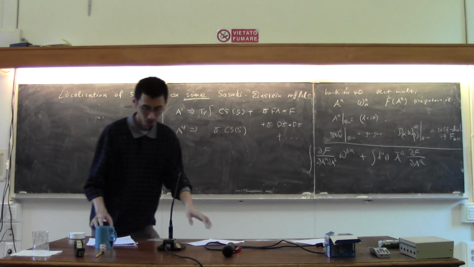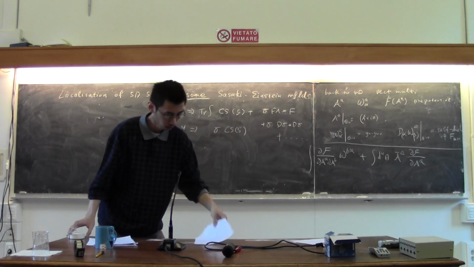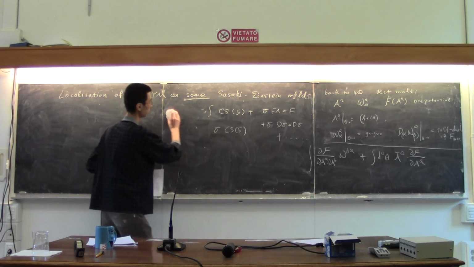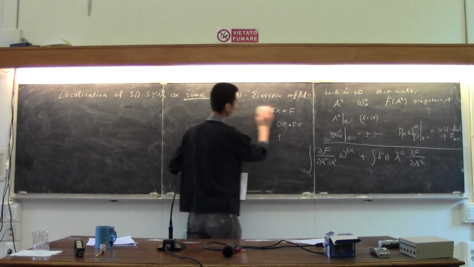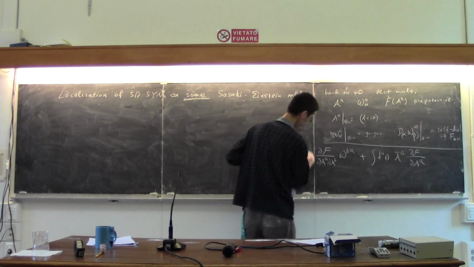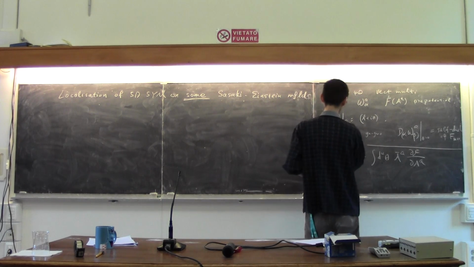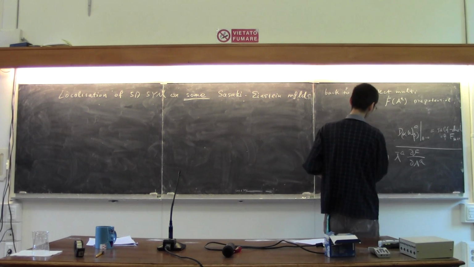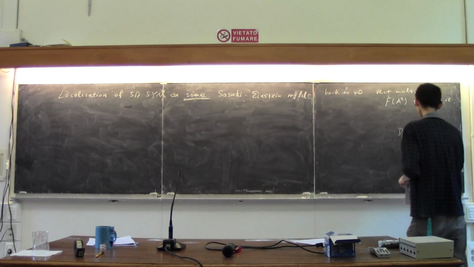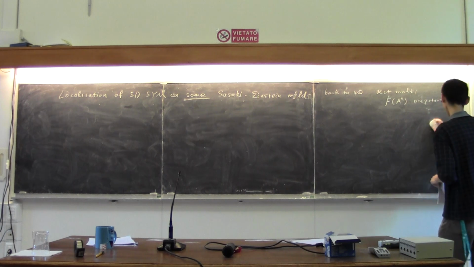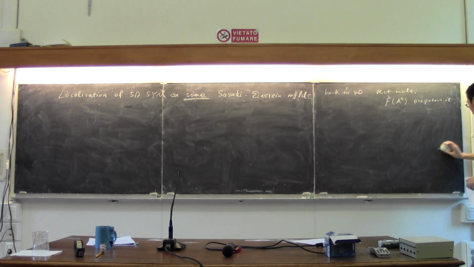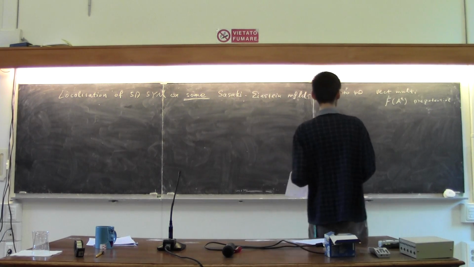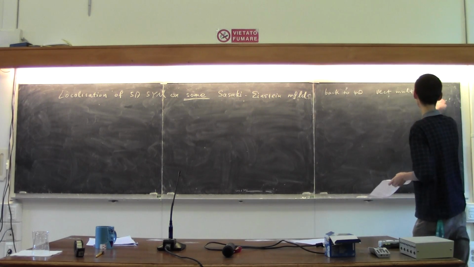Any other questions before I move on to curved space? For curved space, we'll focus on the A squared term in the potential, because that's the only term that is not conformally invariant.